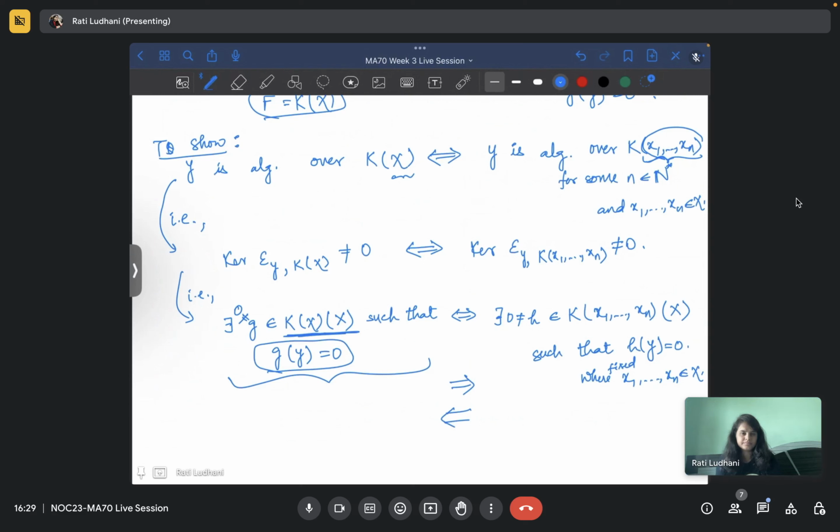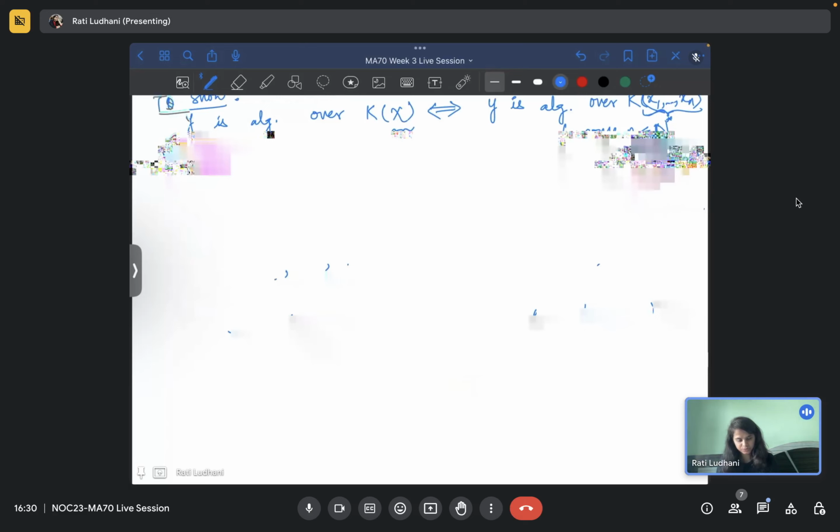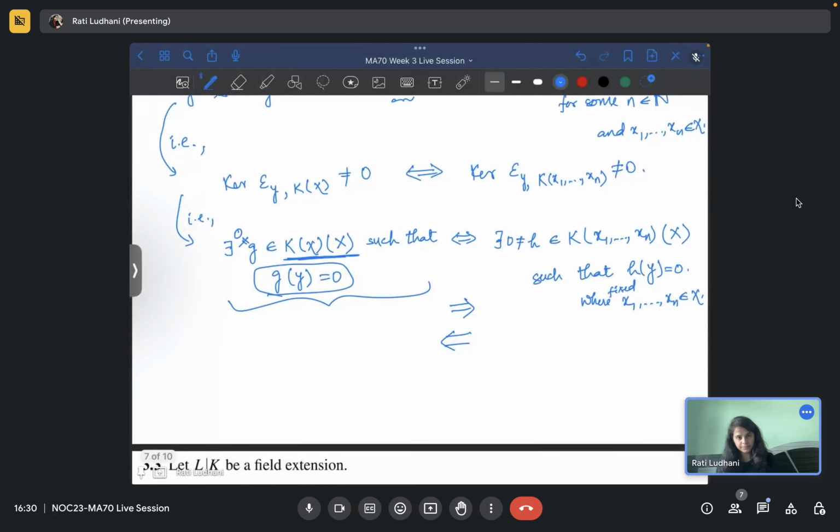Because x1 to xn is a subset of chi. So left hand side implies right hand side, you are saying. I think that's the other side you can trivially say. Trivial means there's nothing to prove.